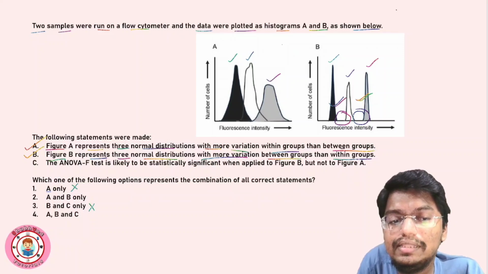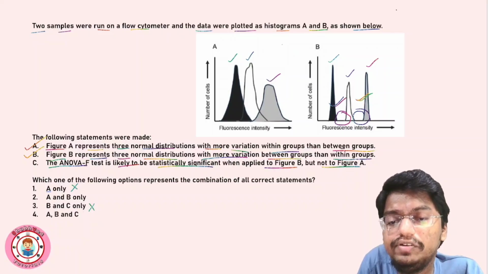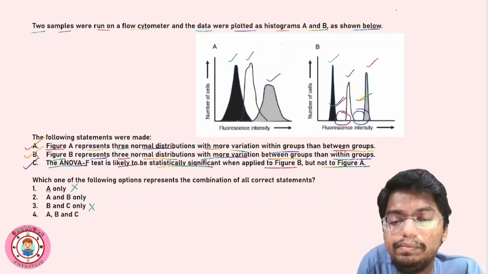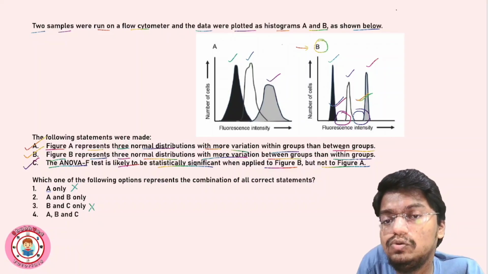Okay, then statement C is ANOVA F test is likely to be statistically significant when applied to figure B but not figure A. This is also correct. ANOVA F test, the between group variation, as we can see in figure B, is larger, so it is more significant, right?